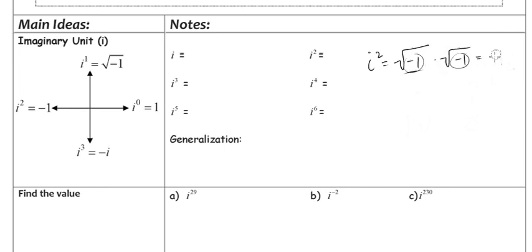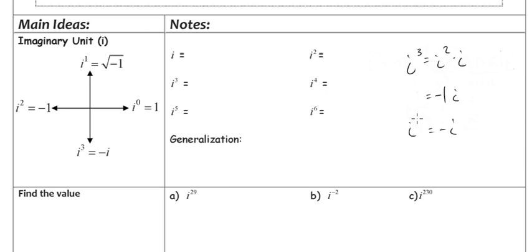Now when we multiply it by i again, so now i to the 3rd, we have i times that -1. We knew i squared was -1, and that's times another i, so this is -1 times i, or just -i. i to the 3rd is -i.